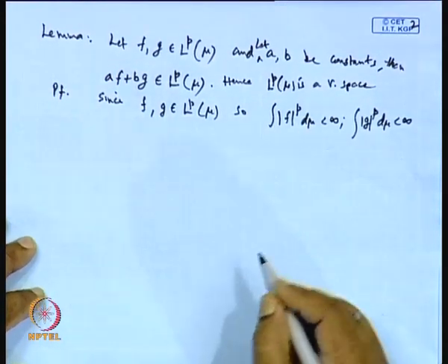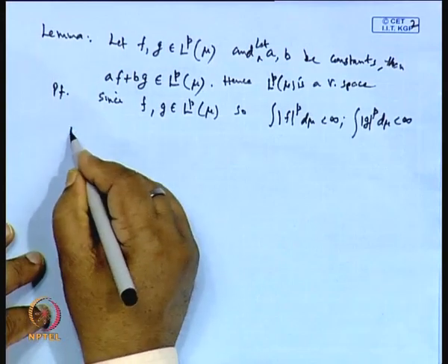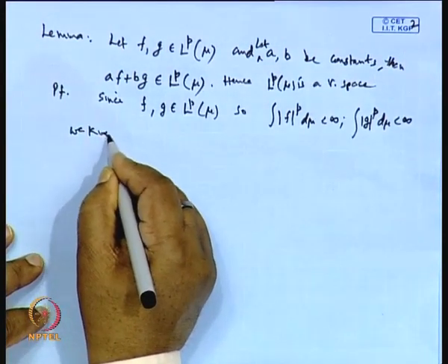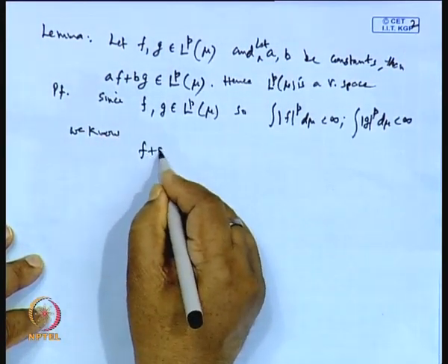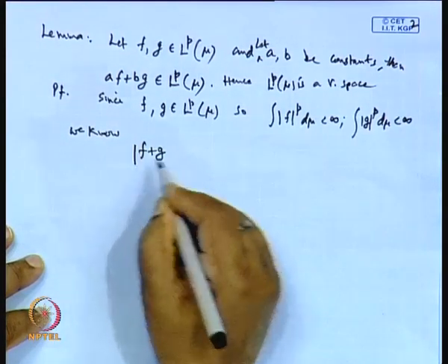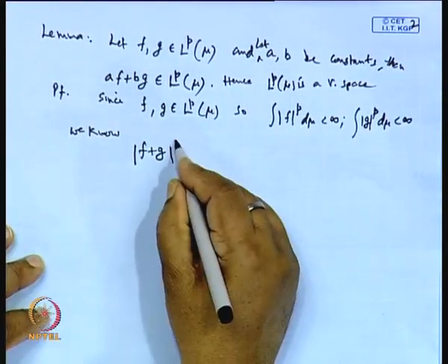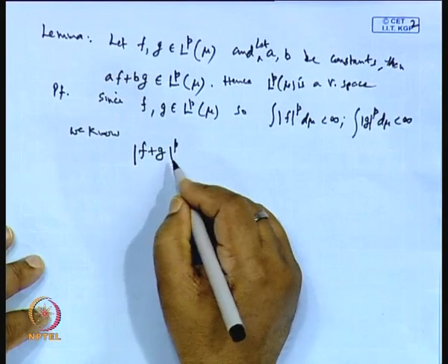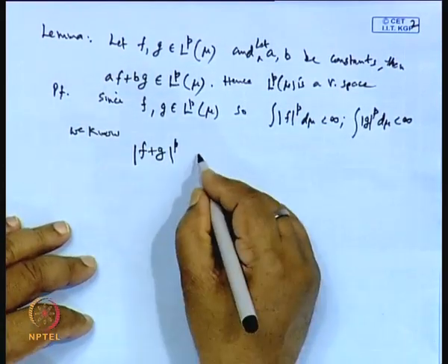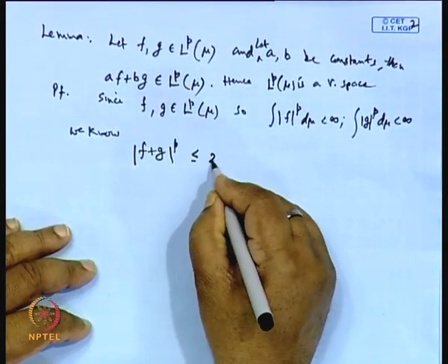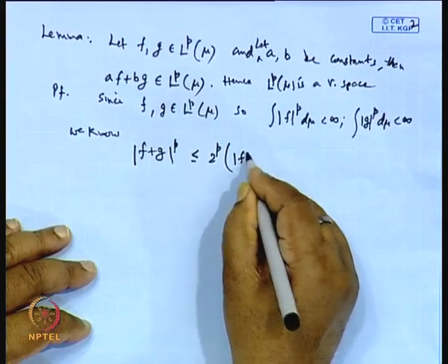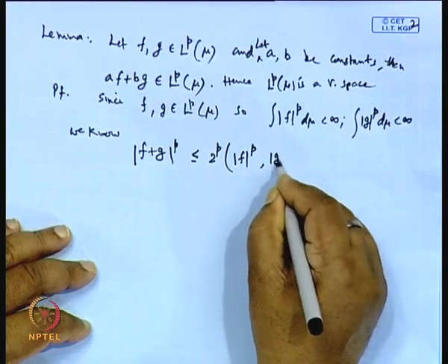Now, we know this relation, that if two numbers f and g are there, then mod f plus g to the power p is less than or equal to 2 to the power p times mod f to the power p plus mod g to the power p.